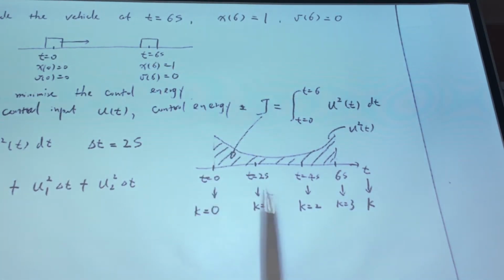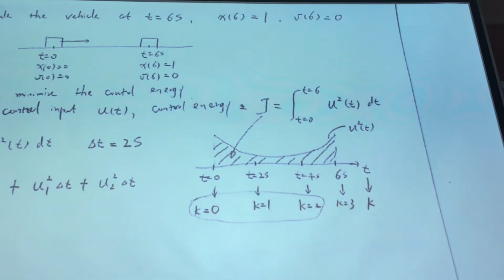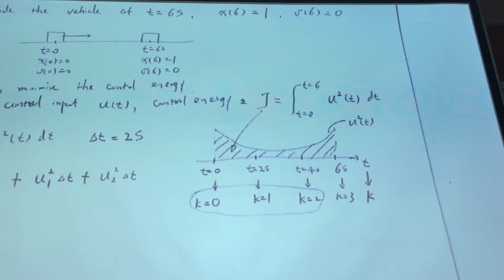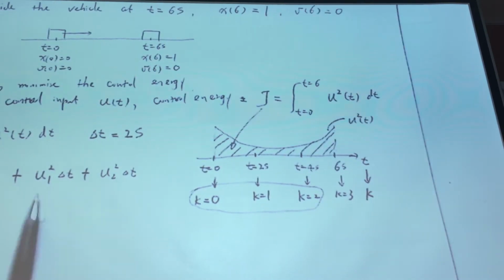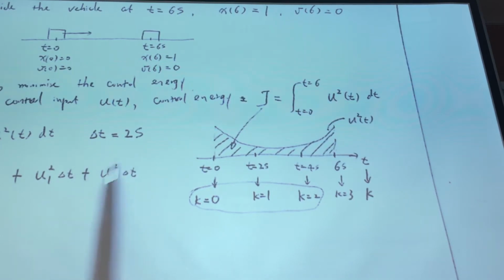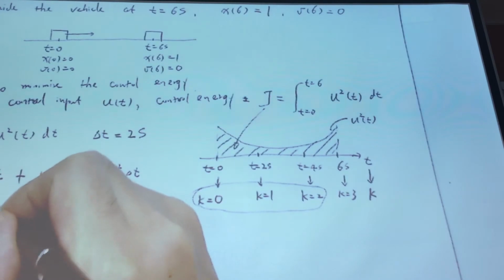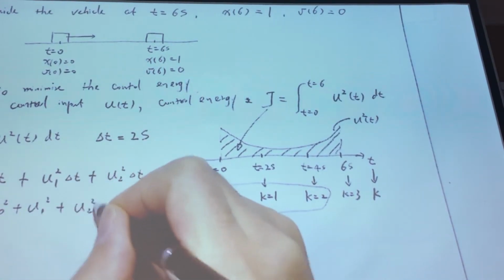We only got these 3 points. The delta t is given by 2, so this is 2 times u0 square plus u1 square plus u2 square.